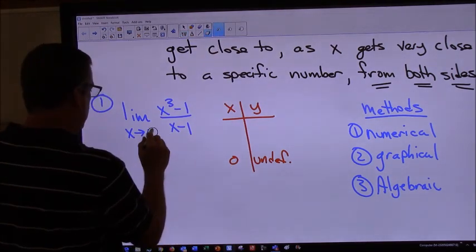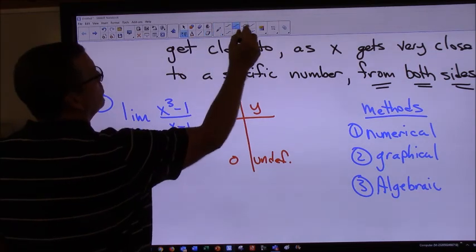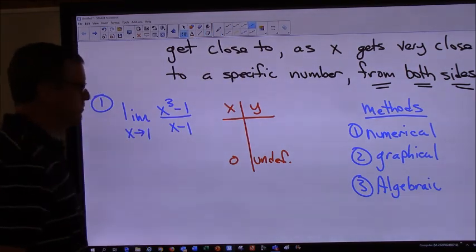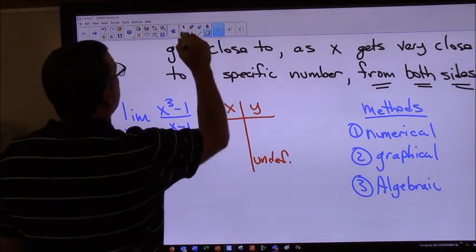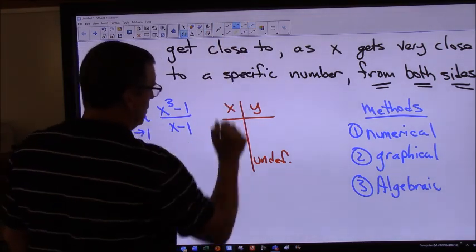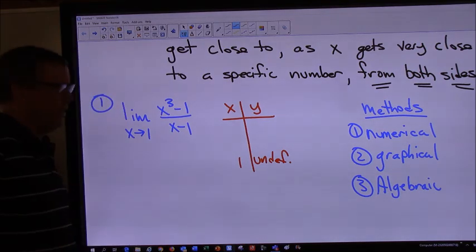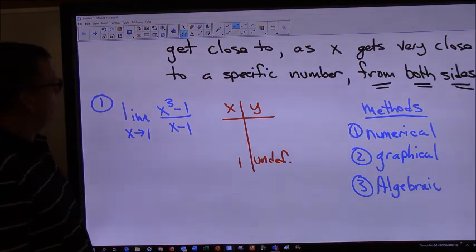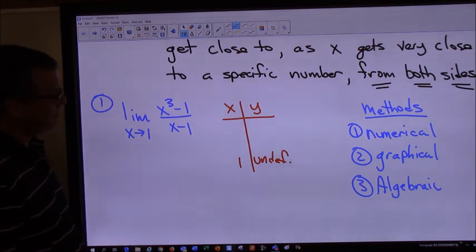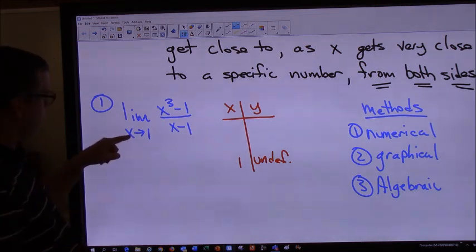This should be as x approaches 1. Okay, so at 1, I am undefined. I think that's what our entry task said.